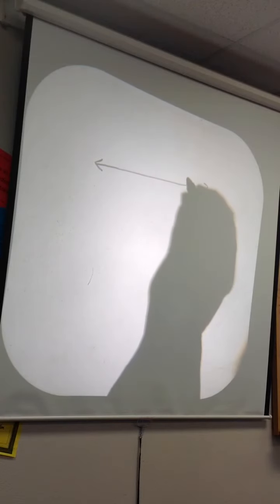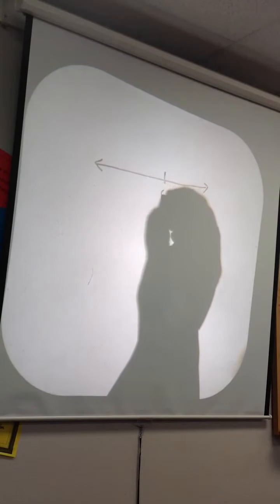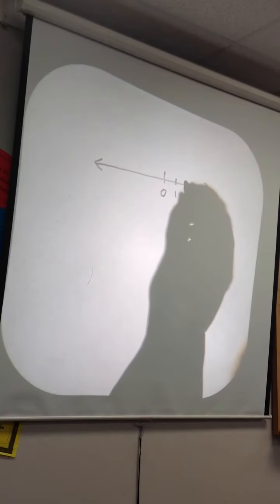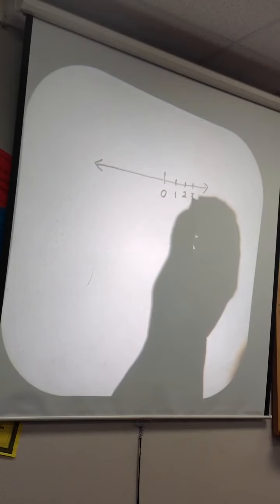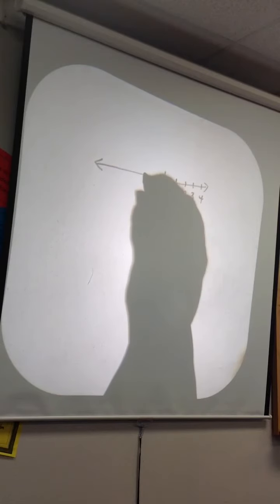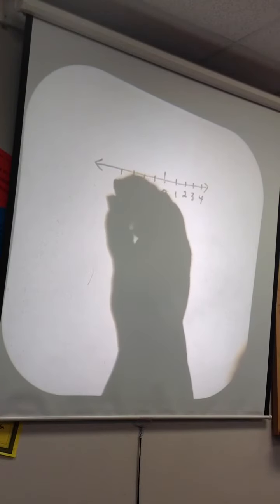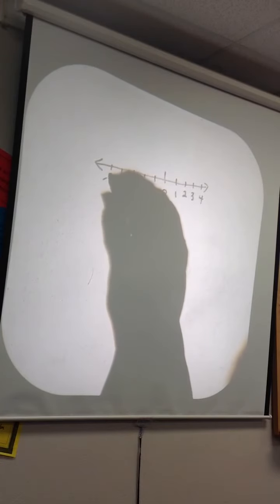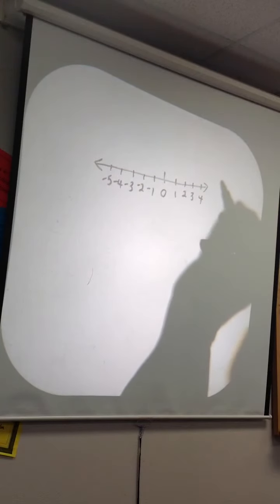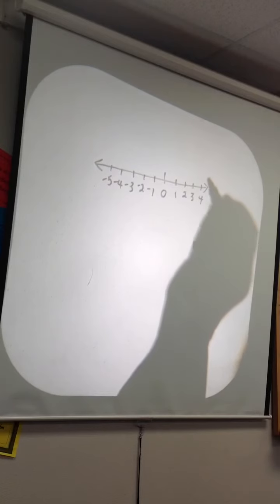Now, generally, we look at the middle part of the line. So we would start by putting a 0 here, 1, 2, 3, 4. This would be -1, -2, -3, -4, -5. Please keep those as even as you possibly can.